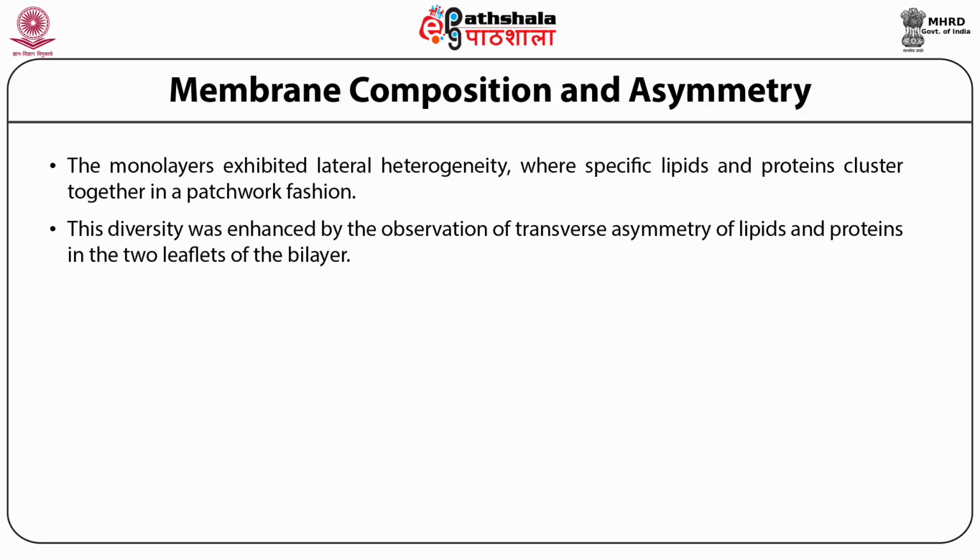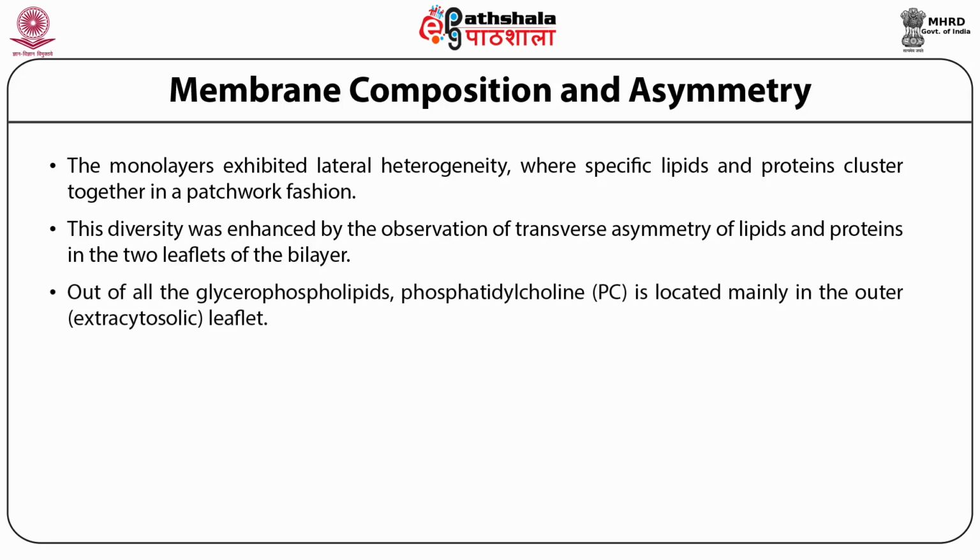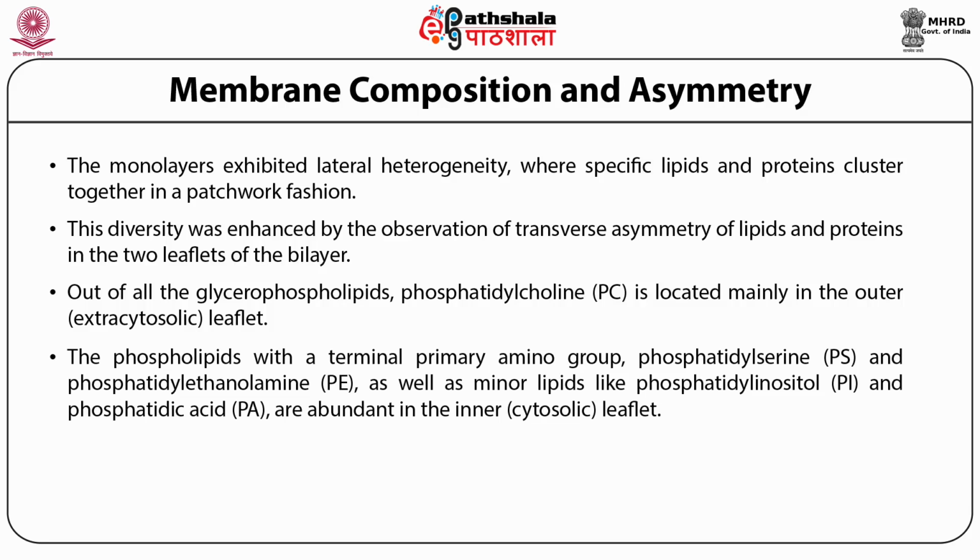If you look specifically at the lipids, you will find that out of all the glycerophospholipids, phosphatidylcholine is located mainly on the outer, or exocytosolic, leaflet. The phospholipids with a terminal primary amino group, such as phosphatidylserine and phosphatidylethanolamine, as well as minor lipids such as phosphatidylinositol and phosphatidic acid, are mainly abundant in the inner leaflet.